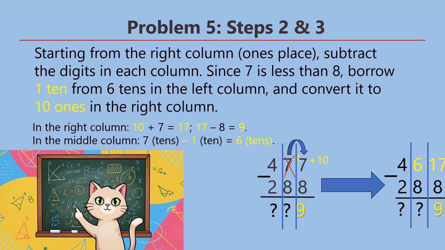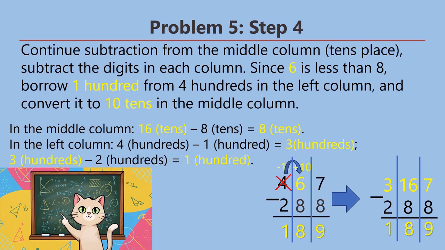In the right column, 10 plus 7 is equal to 17, 17 minus 8 is equal to 9. In the middle column, 7 tens minus 1 ten equals 6 tens. Step 4. Continue subtraction from the middle column, the tens place. Since 6 is less than 8, borrow 100 from 400 in the left column, and convert it to 10 tens in the middle column.